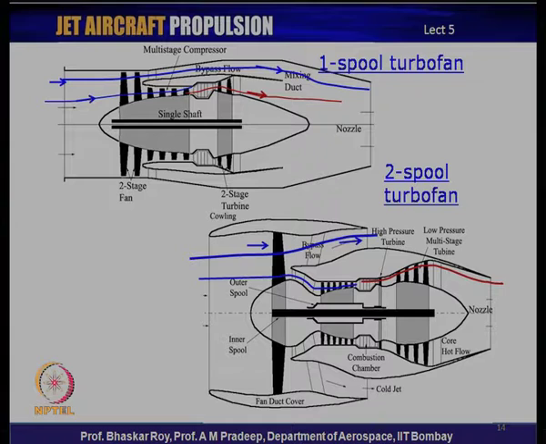And after the fan, you have this bypass. So, in this turbofan engine, there is a certain amount of bypass, and this is a cold flow that bypasses the basic hot engine and mixes much later in the jet pipe, and the mixed flow goes out through the common nozzle.